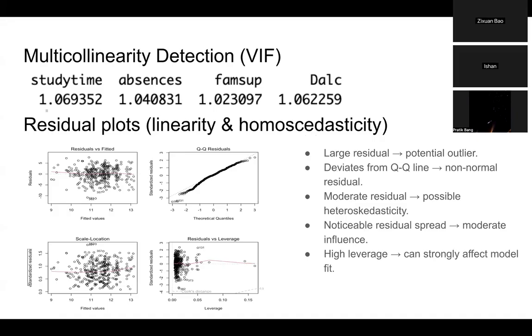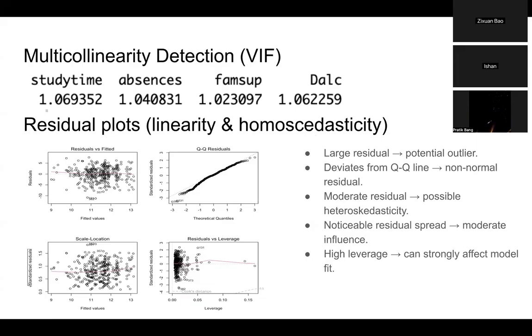Now, this is where we perform some of the diagnostic checks. We evaluated the model assumptions here, where all of the VIF values were around 1, which showed there's no multicollinearity problem. And the residual plots showed moderate but acceptable deviation, which shows no major violations of linearity or homoscedasticity.